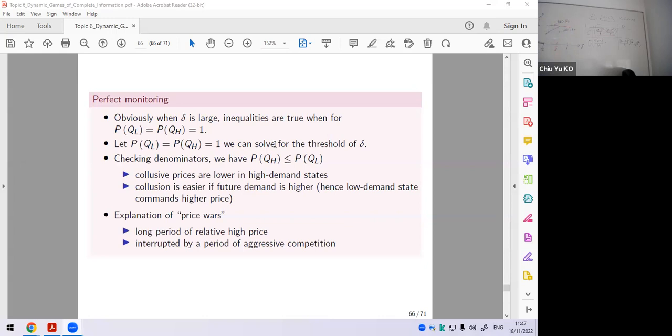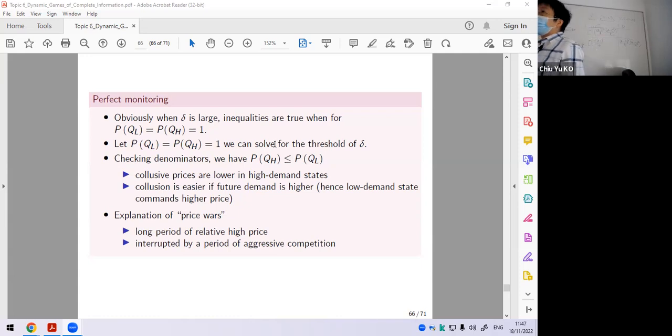This is the model in the paper, to explain why you have a long time of high price and some time of aggressive competition. That's why you will see a lot of the time it's a high price, and it ends up with some price competition in the good time.